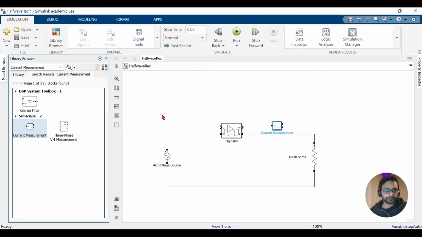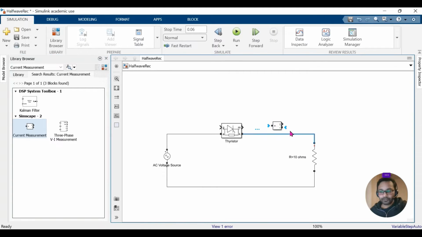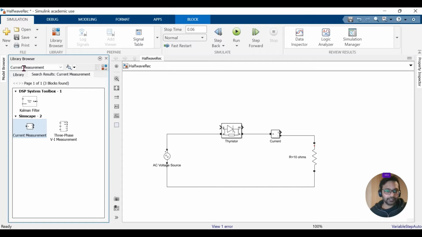Okay, so I'll have to connect it here. Apply current measurement, and I need the voltage measurement.